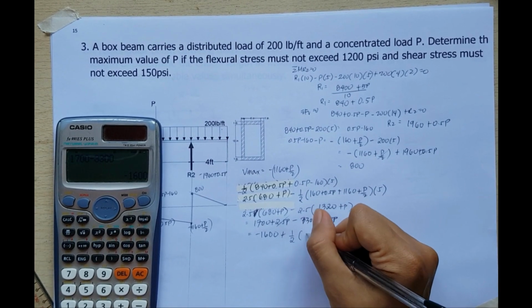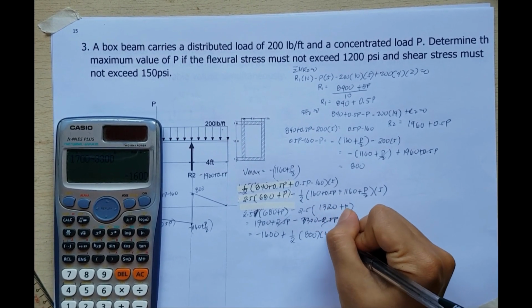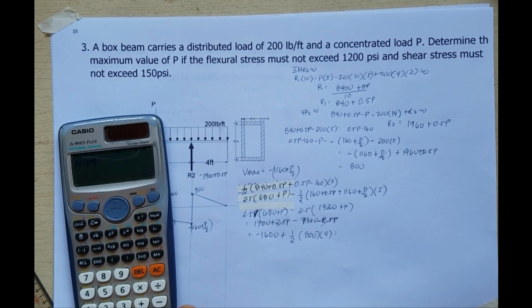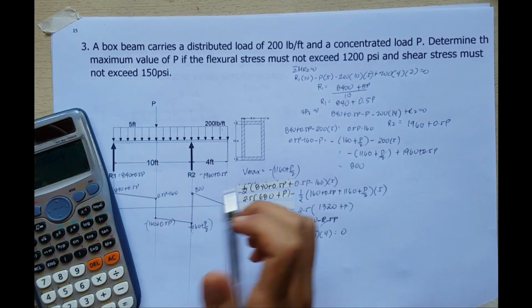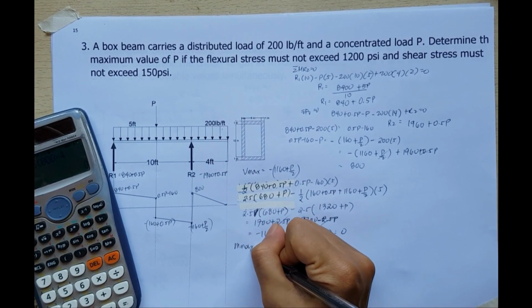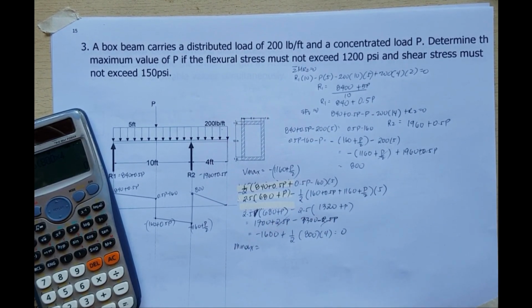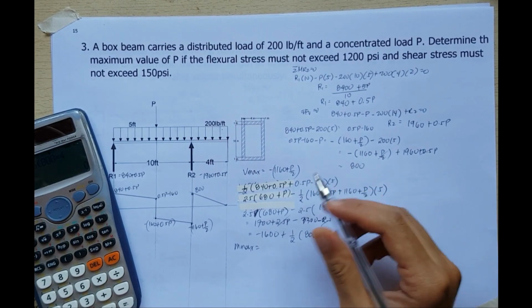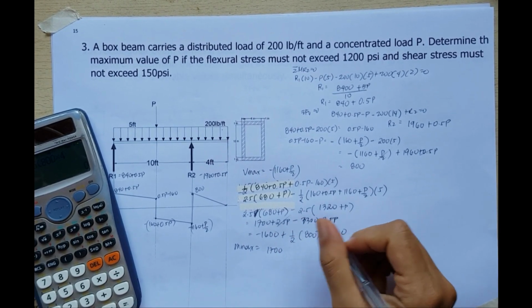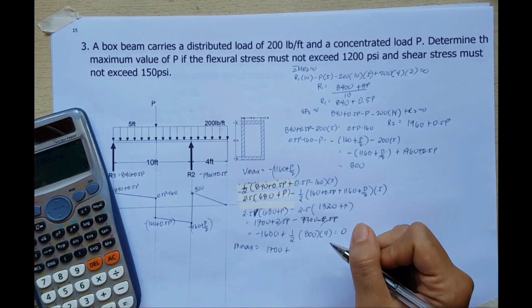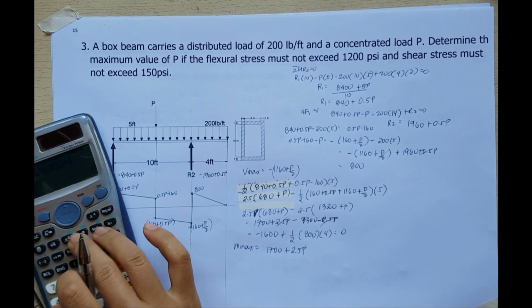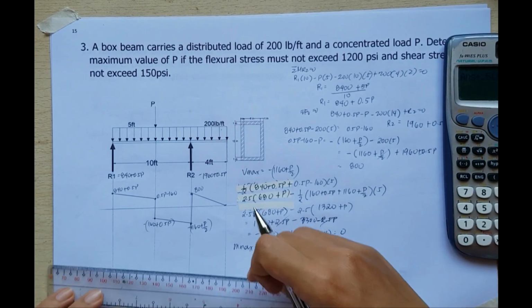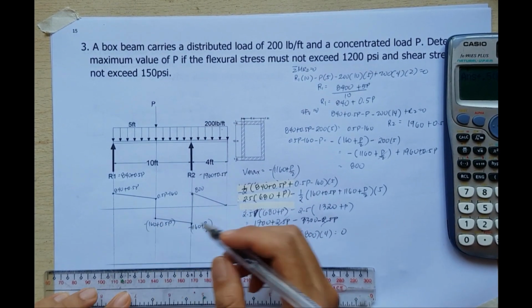We have 800 multiplied with 4. So it's equal to 0. Therefore, the maximum moment is equal to 1,700 plus 2.5P. Paano ko nakuha yun? So let us plot the moment diagram.